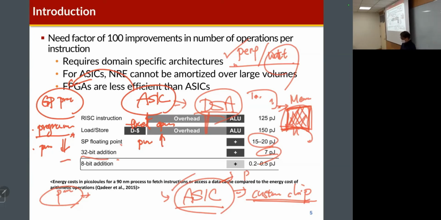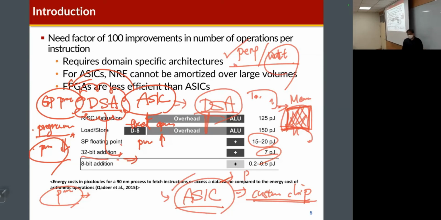But power matters, so we are focusing on some intermediate region between the general purpose processor and the ASIC. This is the domain-specific architecture. Using it, we just focus on some domain-specific applications.